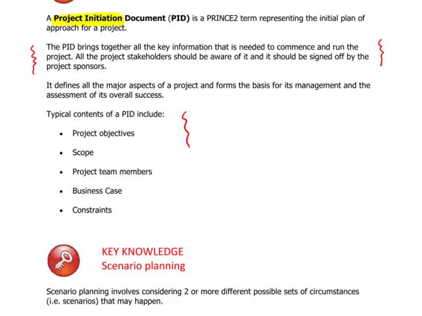These aren't sort of cast in stone, these are typical contents of a project initiation document. Include what are the objectives of the project, what's the scope of the project, who are the team members, business case and constraints. So project initiation document, you can also almost use an element of common sense here. It identifies what we need to know at the start of the project.